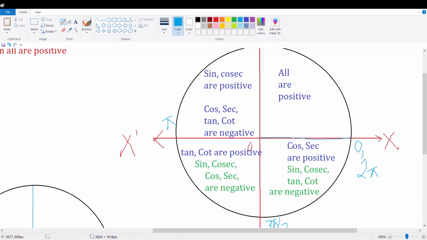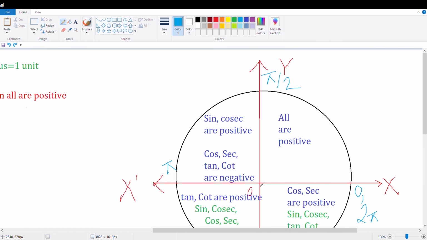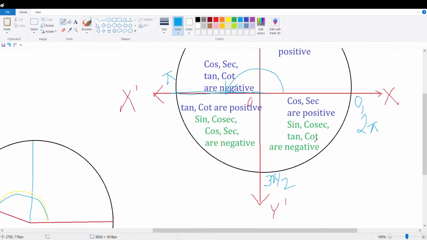0. When the blue straight line is here, what will be the angle value? Pi by 2, right? When the blue straight line is here, what will be the angle value? This angle value is 180 degree, that means pi.